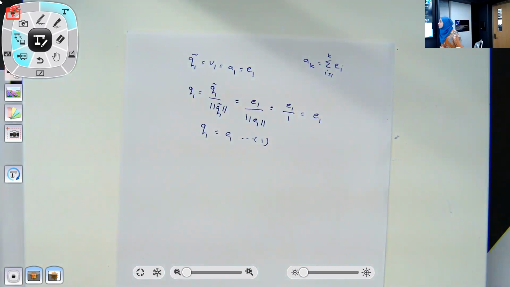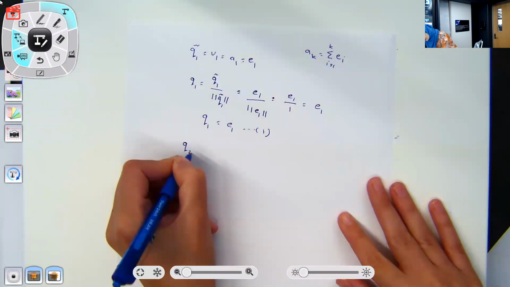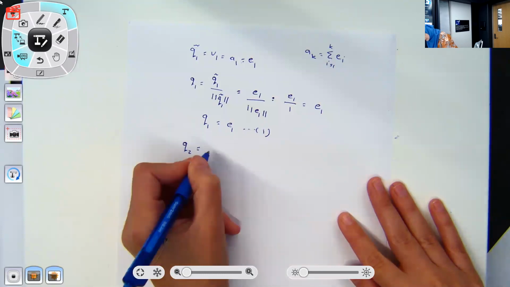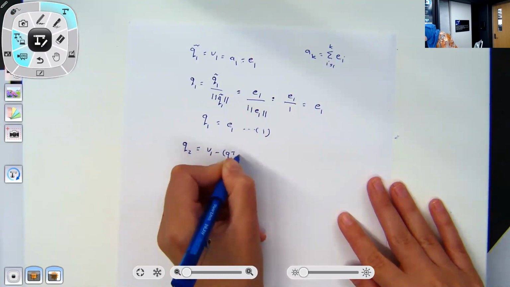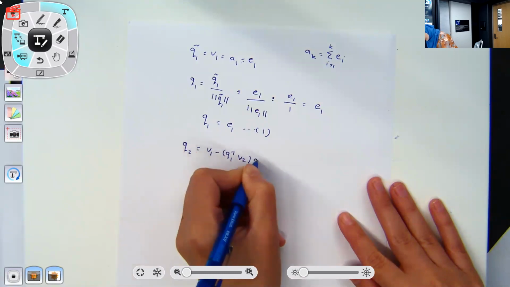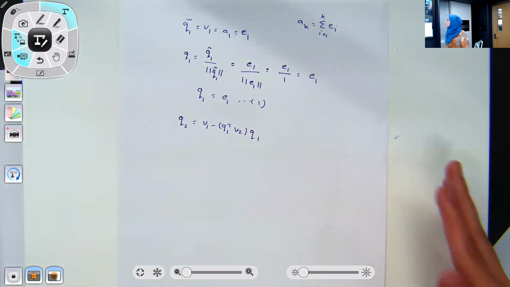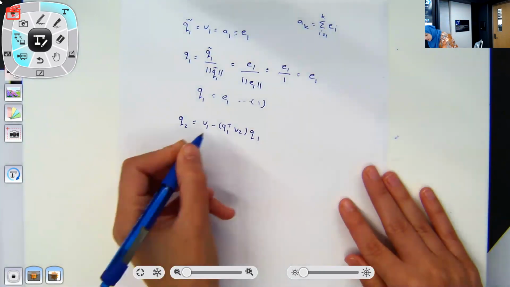Let's try to find the value of q2, and we need to apply Gram-Schmidt again. The value of q2 tilde by Gram-Schmidt equals v2 minus q1 transpose times v2, all of this multiplied with q1. Let's substitute in our question.